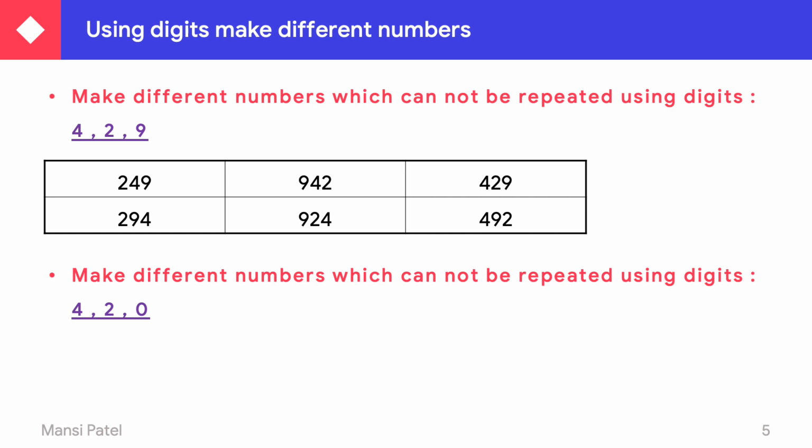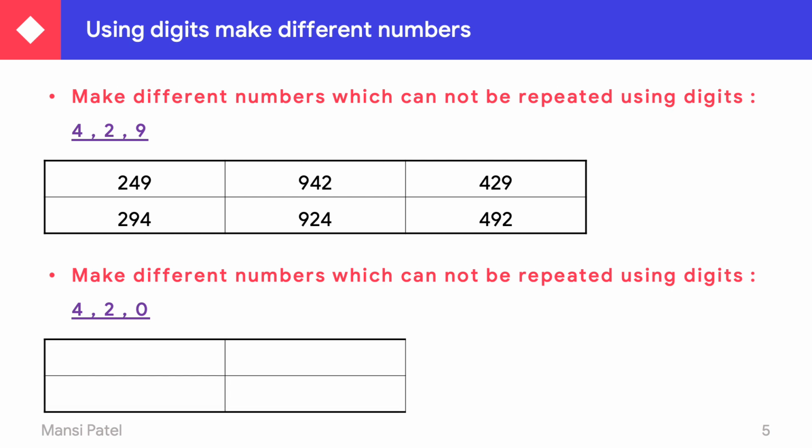Using this 3 digit, you have to make the numbers. So first write down the smallest number 204 and just change the place of ones and tens. So it becomes 240. Now write down the biggest number 420. Now just change the place of digit ones and tens.